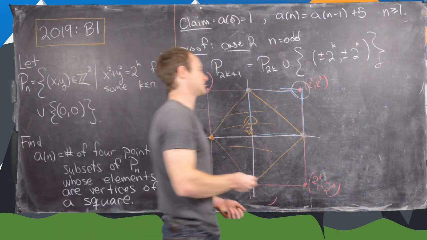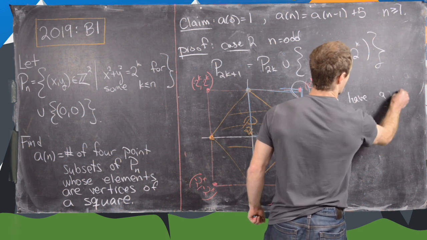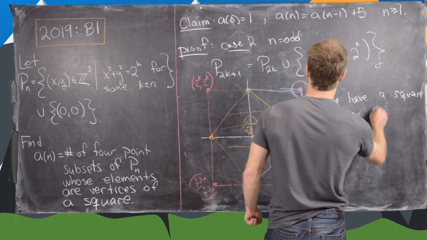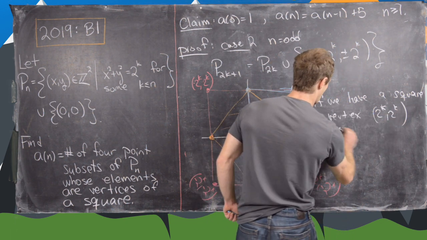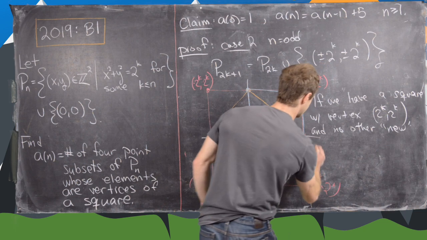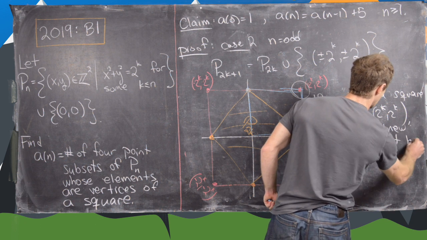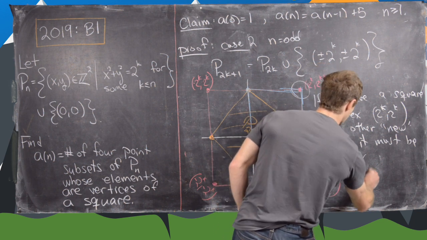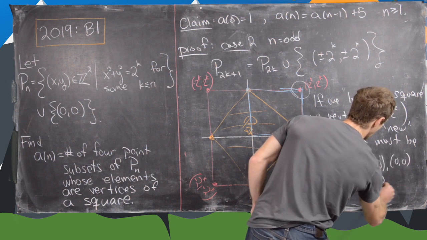Great. So that means if we have a square with vertex (2 to the k, 2 to the k) and no other new vertices, it must be this square right here: (2 to the k, 2 to the k), (2 to the k, 0), (0, 0), and then (0, 2 to the k).